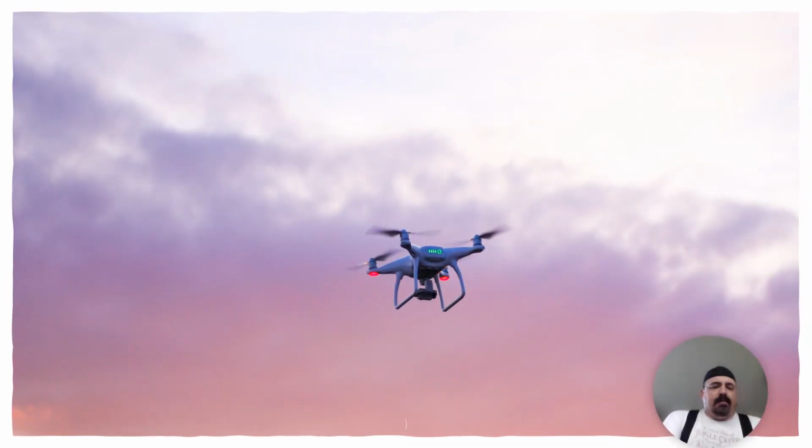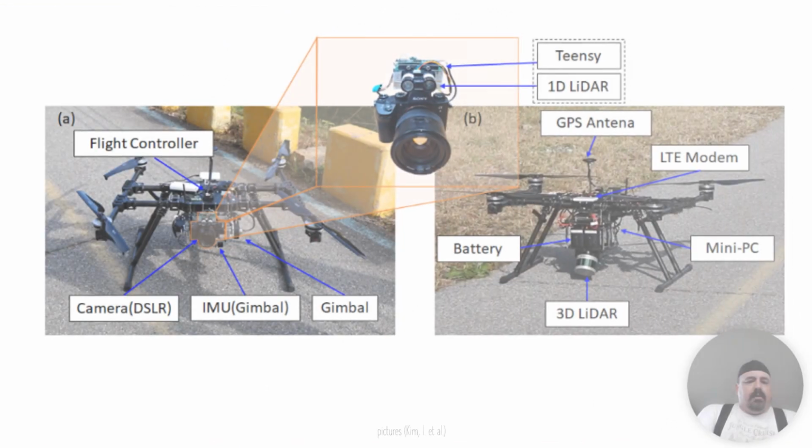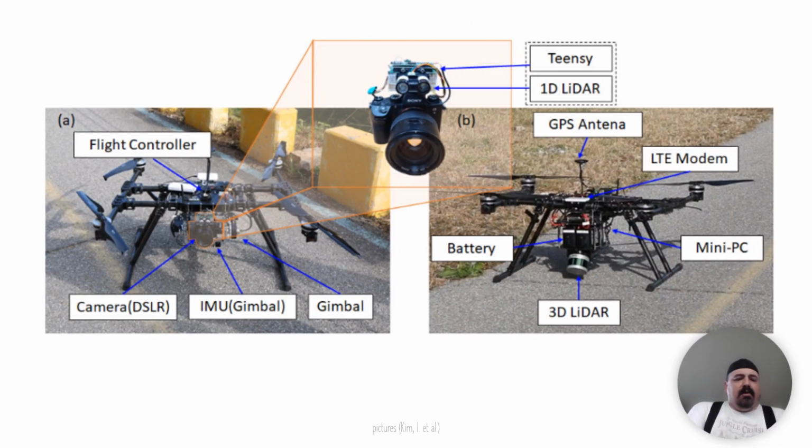The drone is equipped with several pieces of technology that allow it to interact with the bridge and feed the data back to the operator. The units mounted on the UAV include a DSLR camera, a GPS unit, two types of LiDAR.